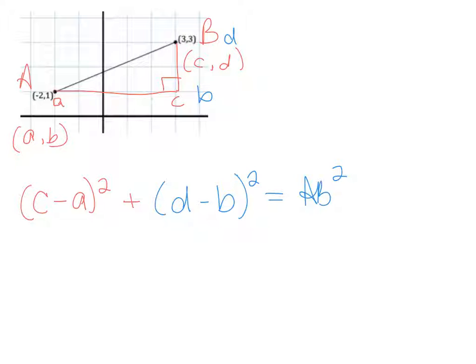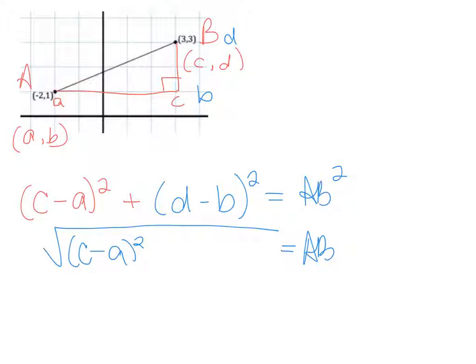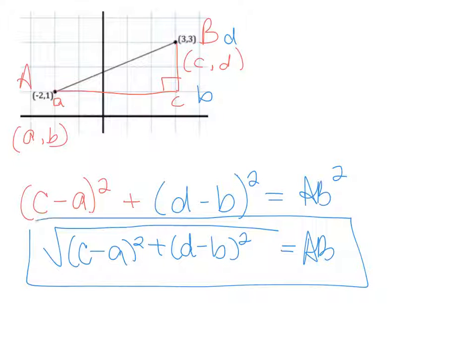If I solve for this, AB would be equal to the square root of C minus A, quantity squared, plus D minus B, quantity squared. This right here is called the distance formula. Cool? Awesome.